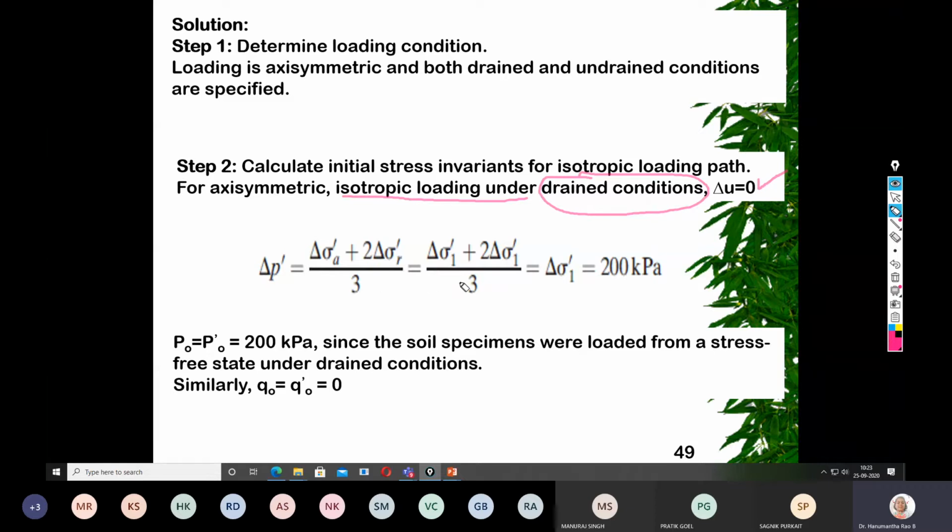So this is delta sigma 1 dash. This can be rewritten as delta sigma 1 dash plus 2 delta sigma 1 dash by 3, which is delta sigma 1 dash. So delta P dash is nothing but 200 kilopascals. While delta Q dash is sigma 1 dash minus sigma 3 dash, so this becomes 0.